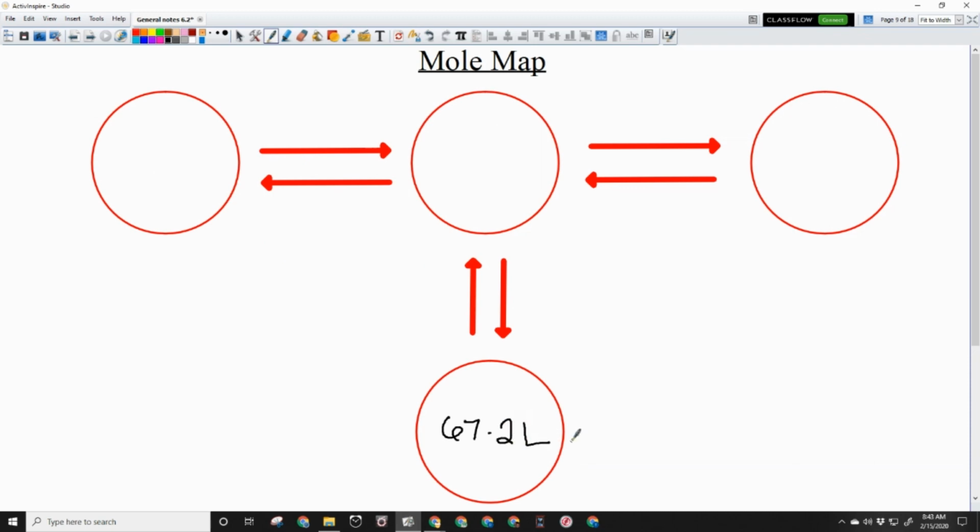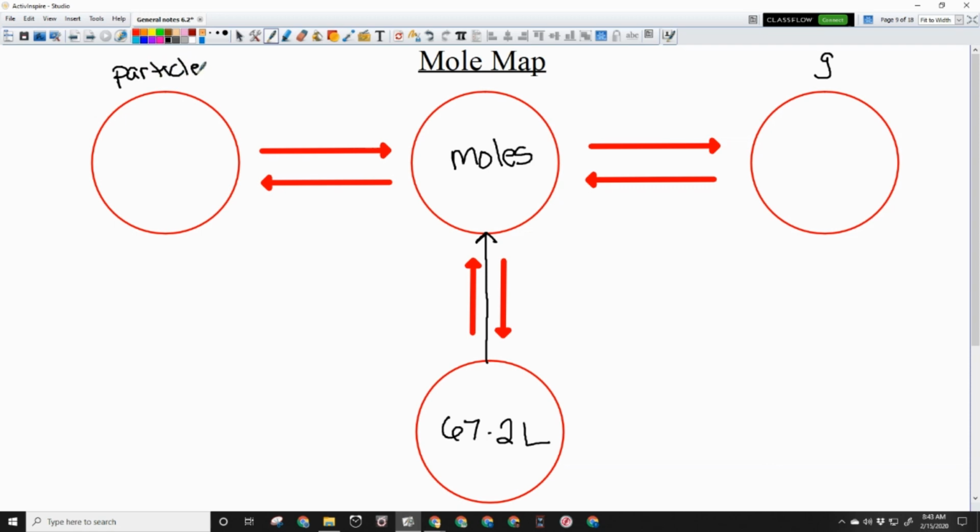But the question wants to know, how many molecules of sodium bicarbonate am I going to need? Well, this is where the mole map comes in. We've already studied the mole map. It's not very hard at all. So what we're going to do is take this 67.2 liters and convert it to moles. Because remember, moles are here. Now, once we're in moles, we convert it to either grams or particles.